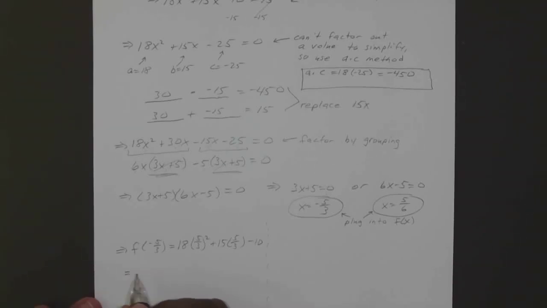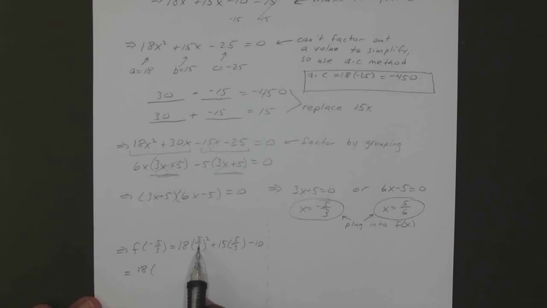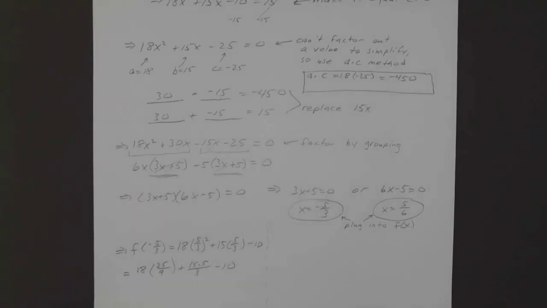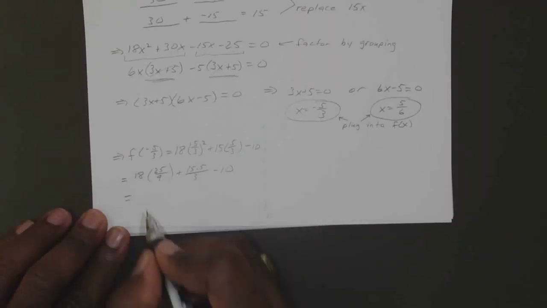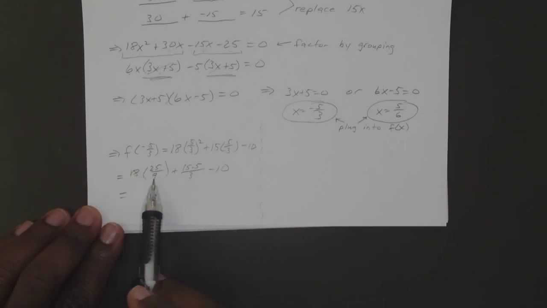So that's going to equal 18 times 5 over 3 squared, which is 5 over 3 times 5 over 3, which is 25 over 9, plus 15 times 5 if you want to, minus 10. Move that up a little bit. Okay, so you can simplify the 9 and 18.